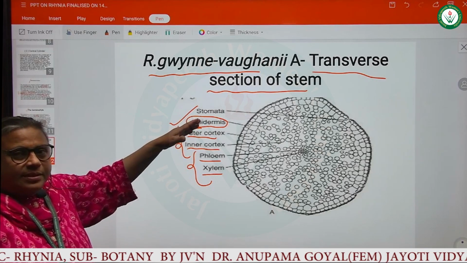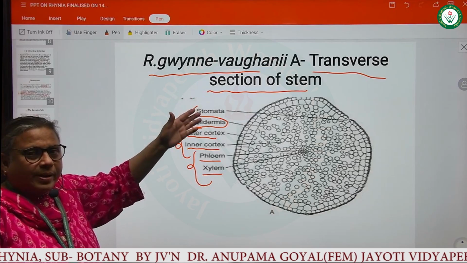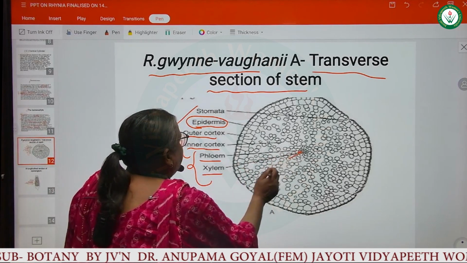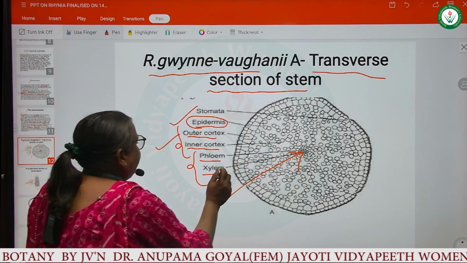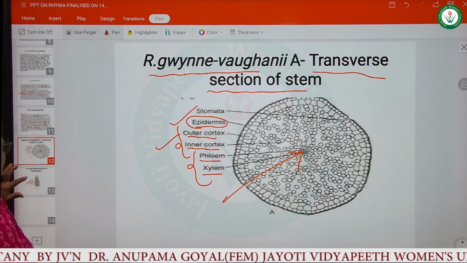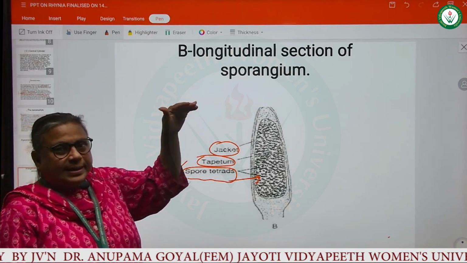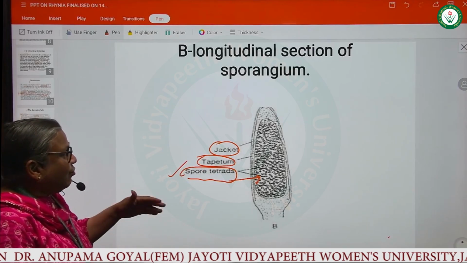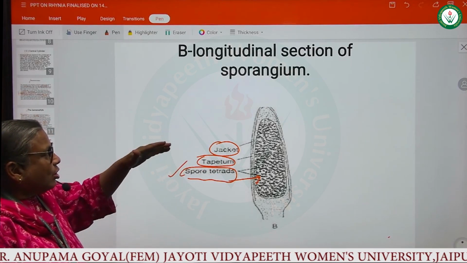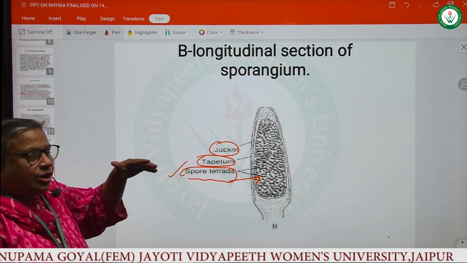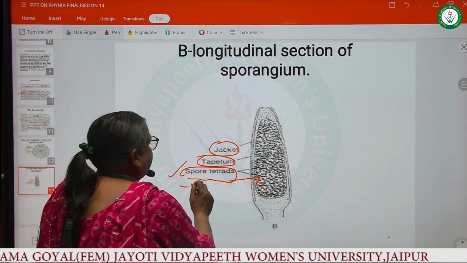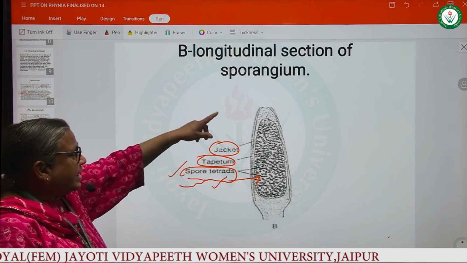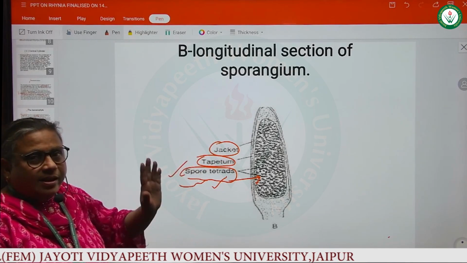The epidermis was interrupted by stomata, and the central cylinder consisted of phloem and xylem. Now you see the longitudinal section of the sporangium of RHYNIA. The spores are arranged in tetrads, and we see the jacket layer and the tapetum.